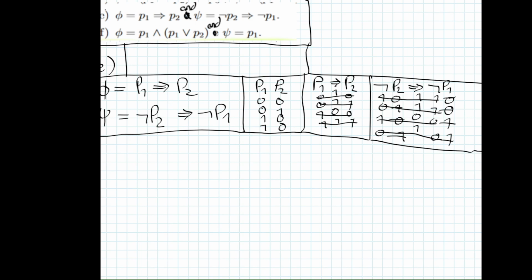So we get 1 1 0 1 in the phi sequence, and on the psi sequence we look at these values, 1 1 0 1, and so we get the same values.